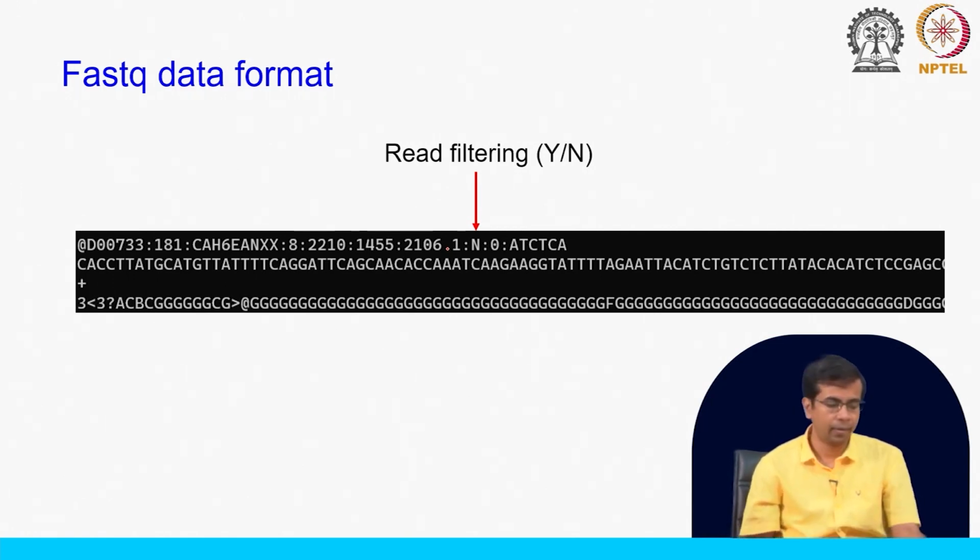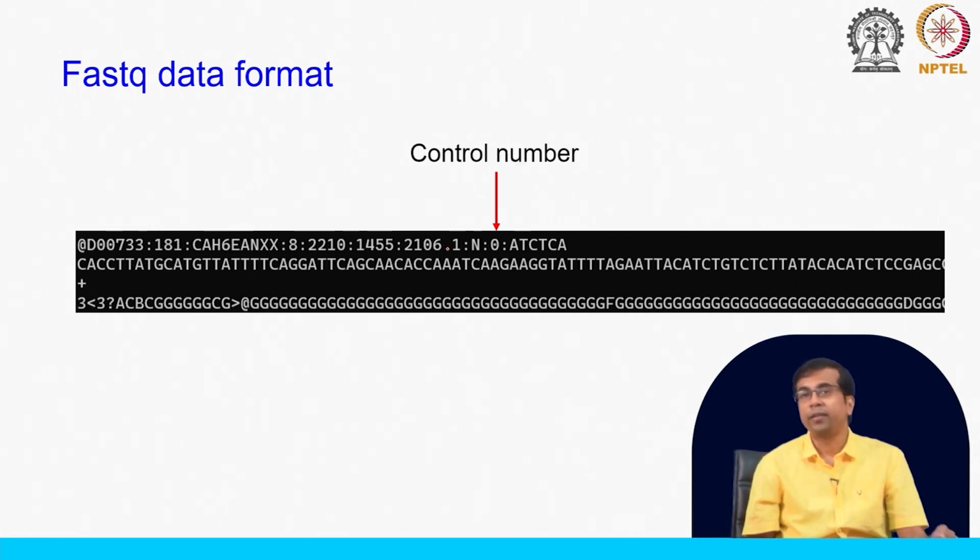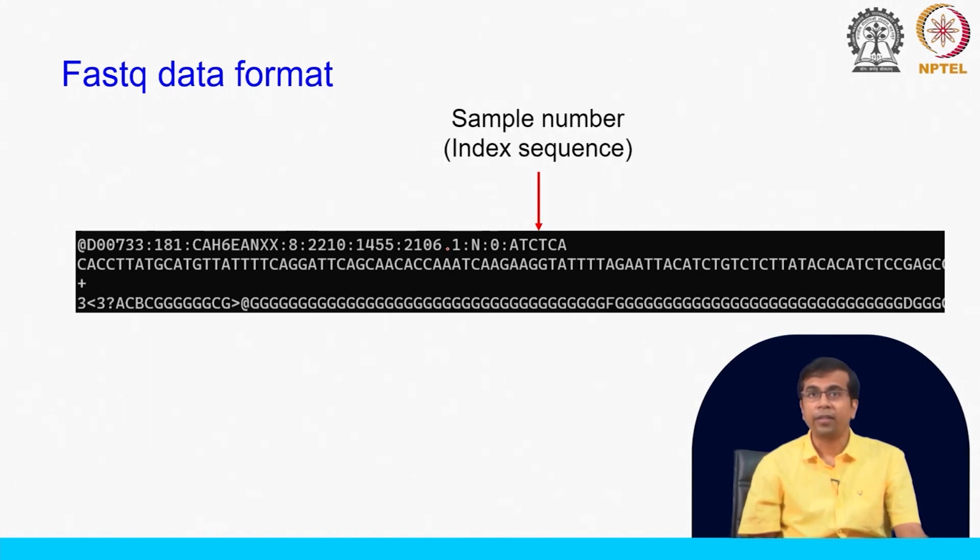The next part is actually the control number. This shows whether there are some control experiments that were run in this experiment. In some cases you want to do some control for some tests, but in this case there is no control experiment here. The last bit actually shows the sample number or usually the index sequence.